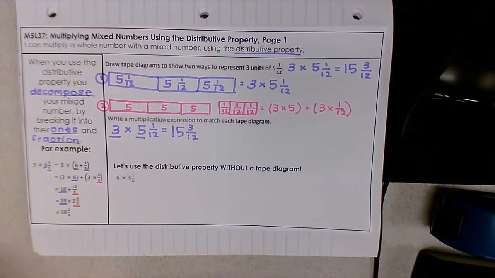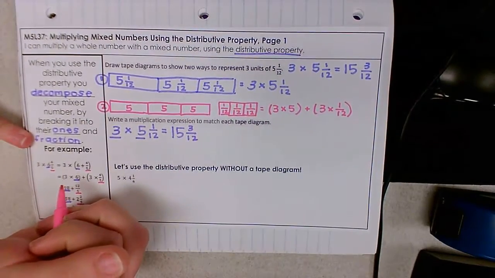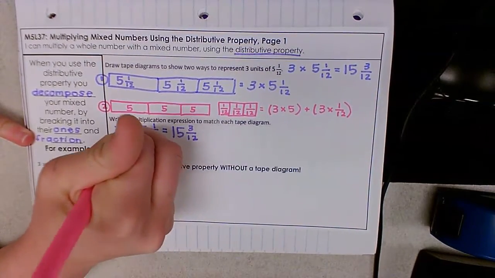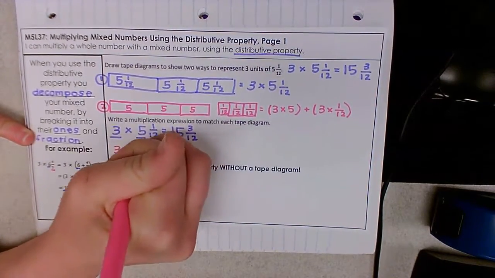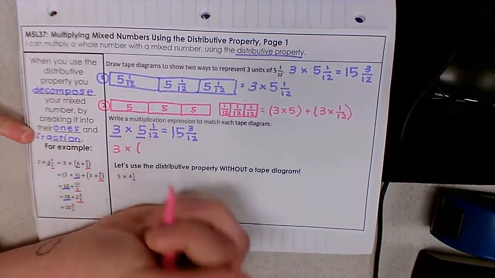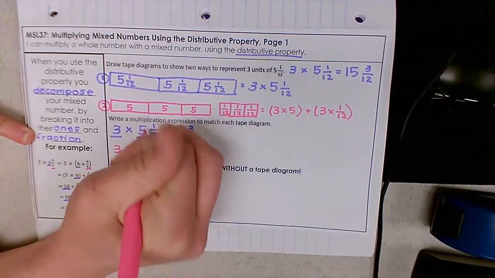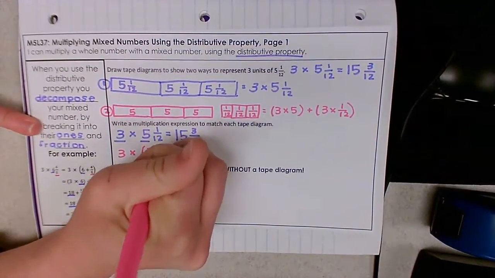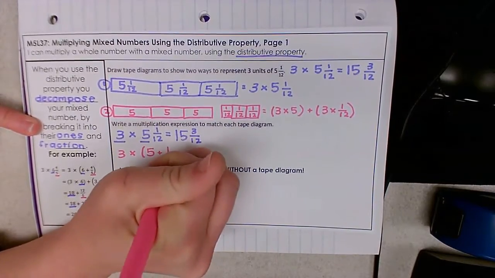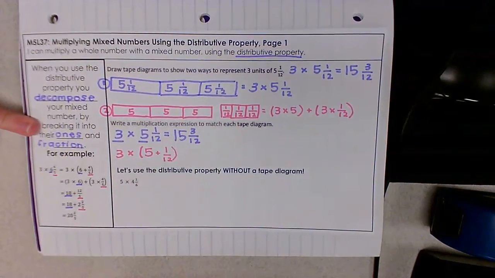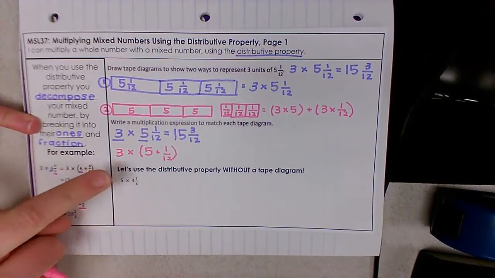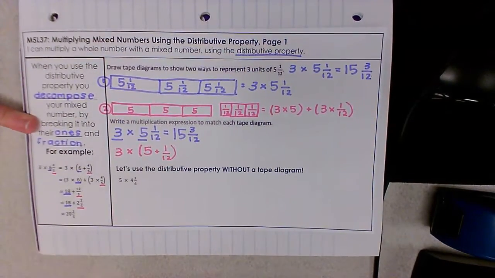Our second tape diagram is where we use that distributive property to break it down. We started with 3 times, and we broke down our mixed numbers into ones, which is the number 5, and its fraction. We could then distribute that 3 to the 5 and distribute that 3 to the 1/12.